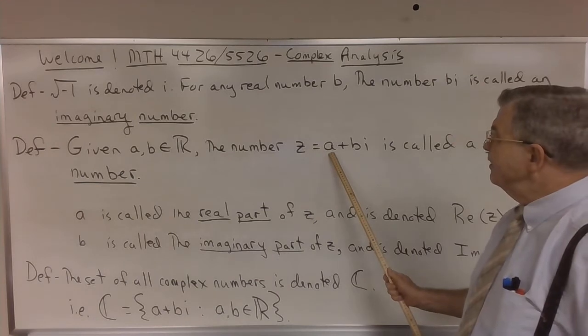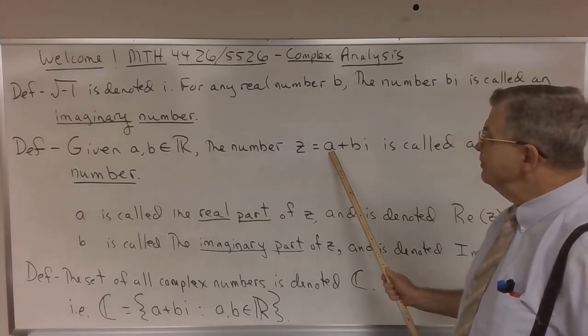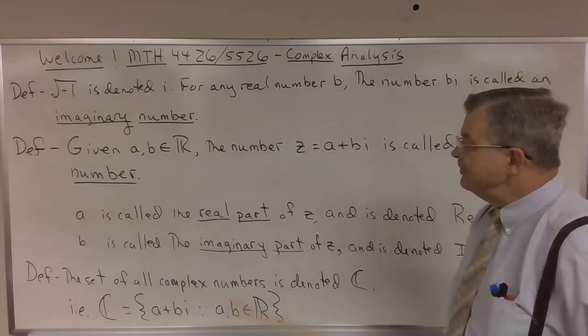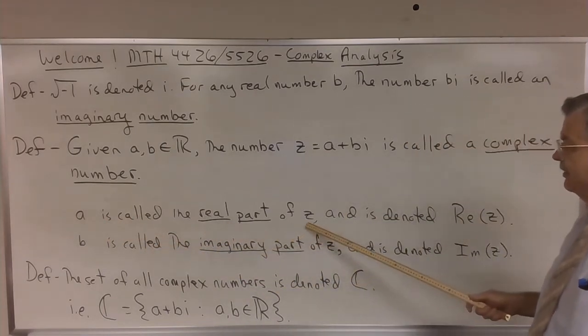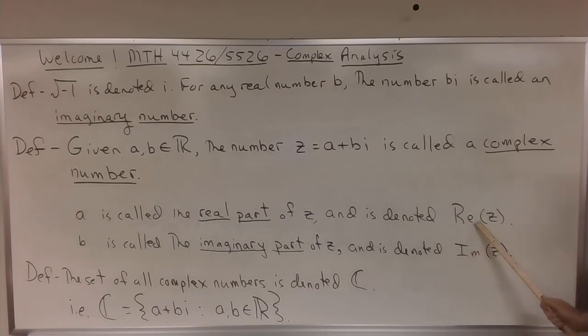a, this real number that we use to form the complex number z, is called the real part of z, and it's denoted this way, capital R-E parentheses z, the real part of z.